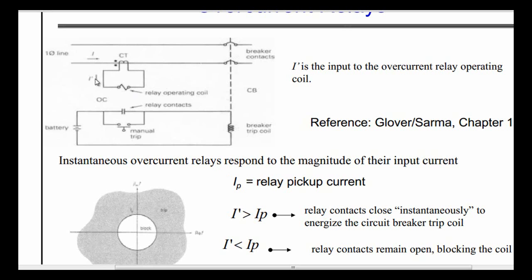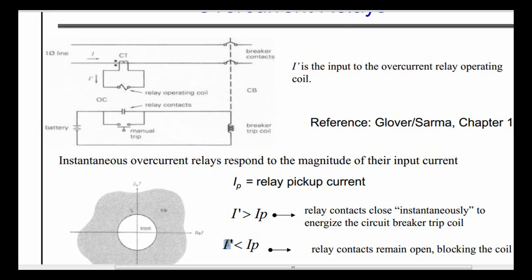If the current that is transformed by the current transformer is larger than the pickup current, then this relay coil will be energized in such a way that it will close this normally open contact, and when the normally open contact closes, the battery will inject current in the breaker trip coil, so the breaker trip coil will open the breaker contacts, and this is how the circuit breaker operates.